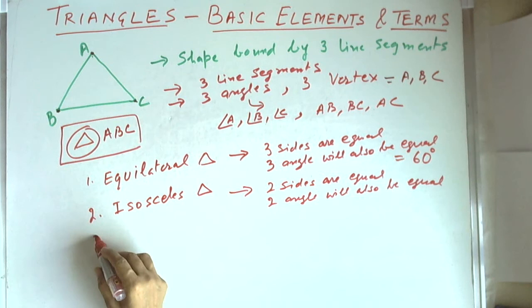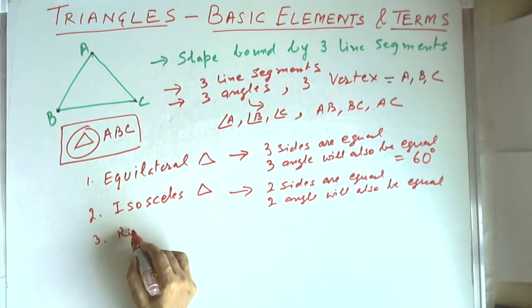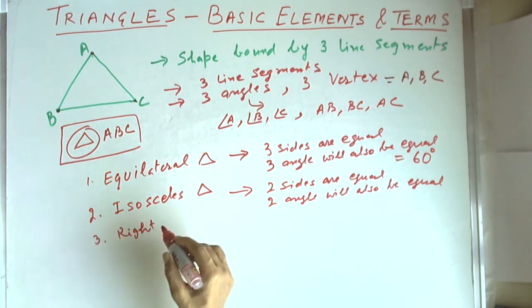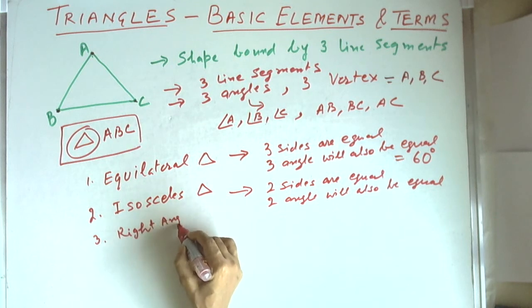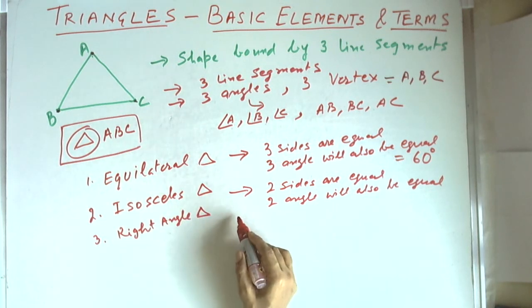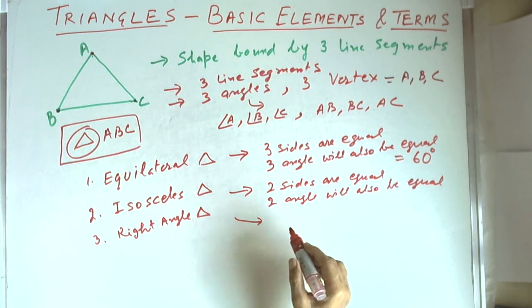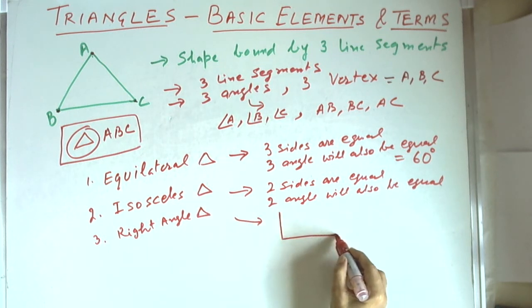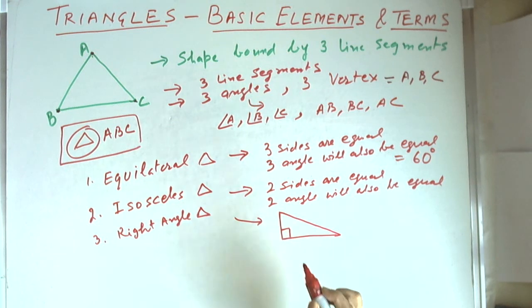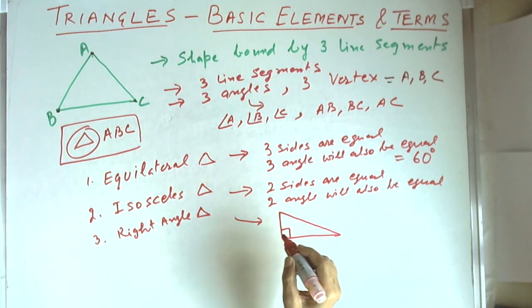Then the third type of triangle is called a right angle triangle. The right angle triangle is like this. This angle is 90 degrees.